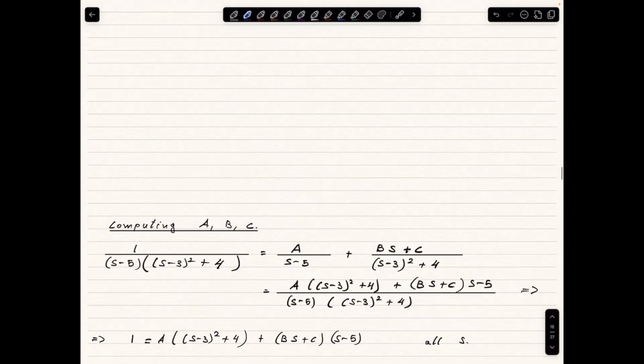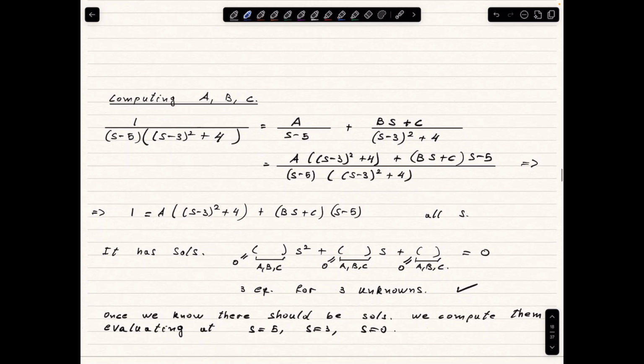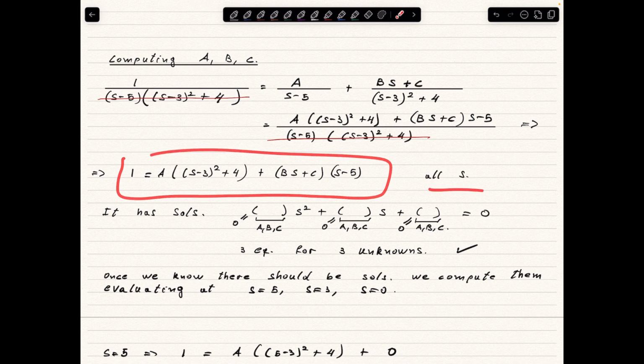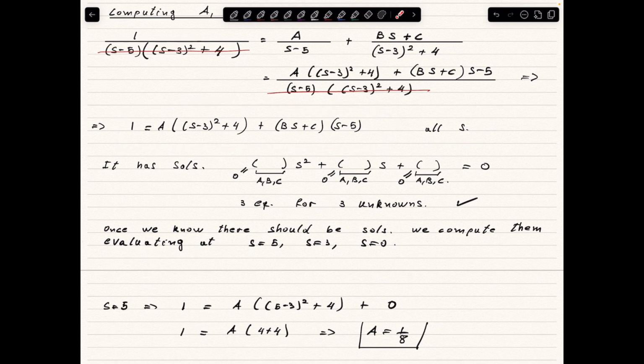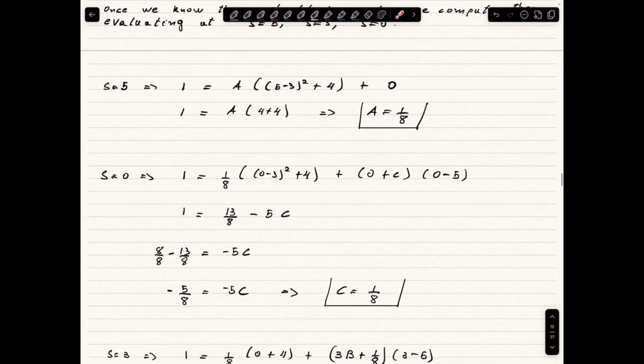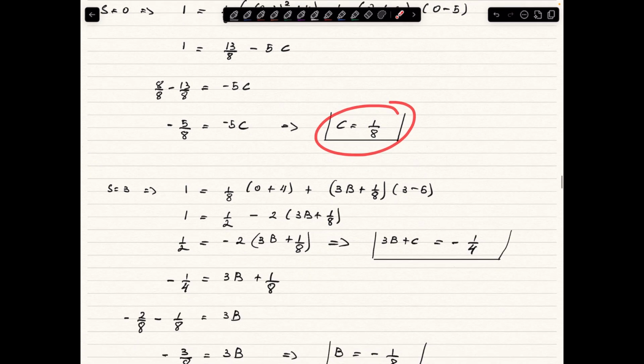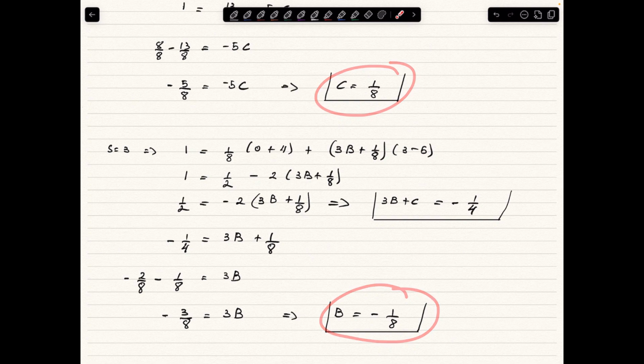I have these constants computed here below. The calculation is the same calculation as before. You have these two terms. You add them up. Now the denominators cancel out. Then you have this big equation for a, b, and c for all s. You rewrite it in some way, and at the end you are going to end up with 1/8, 1/8, and negative 1/8.